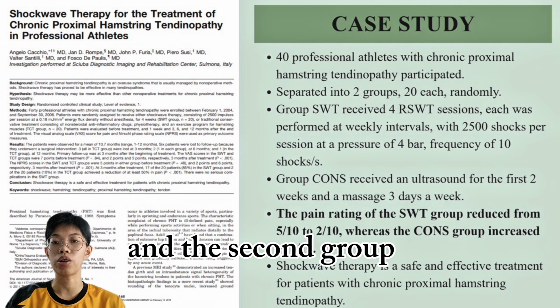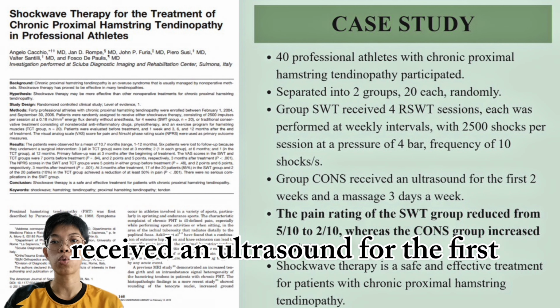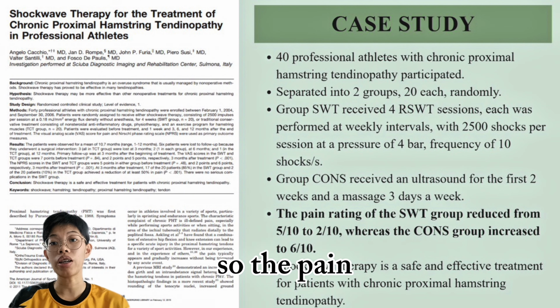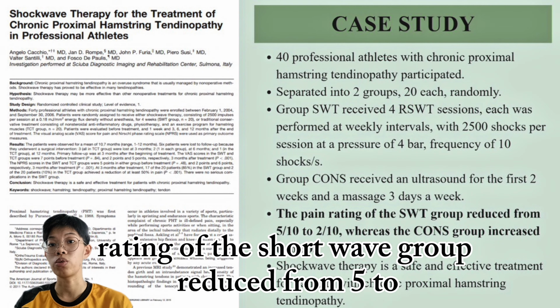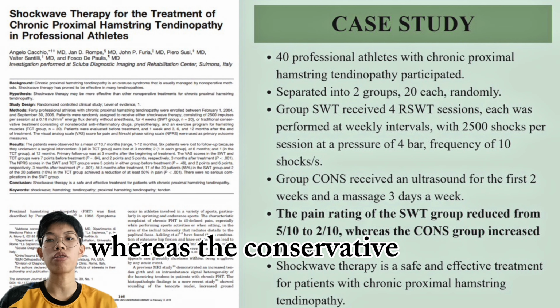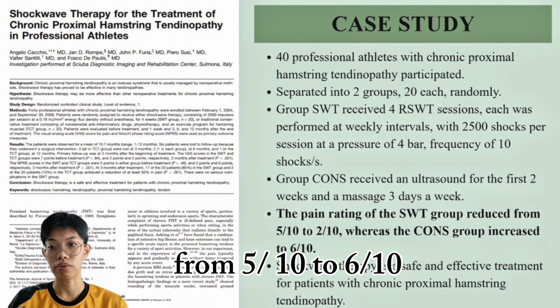The second group, the conservative group, received ultrasound for the first 2 weeks and a massage 3 days a week. The pain rating of the shockwave group reduced from 5/10 to 2/10, whereas the conservative group increased from 5/10 to 6/10.